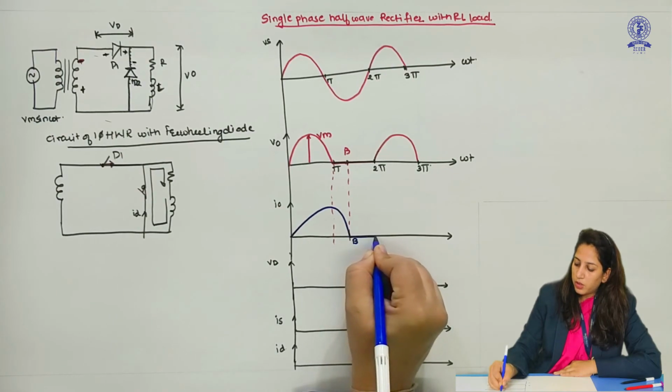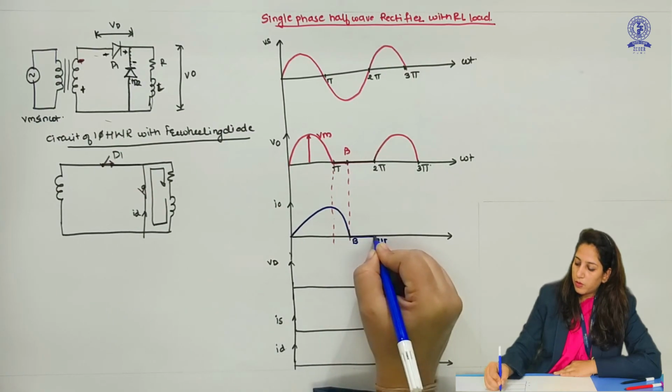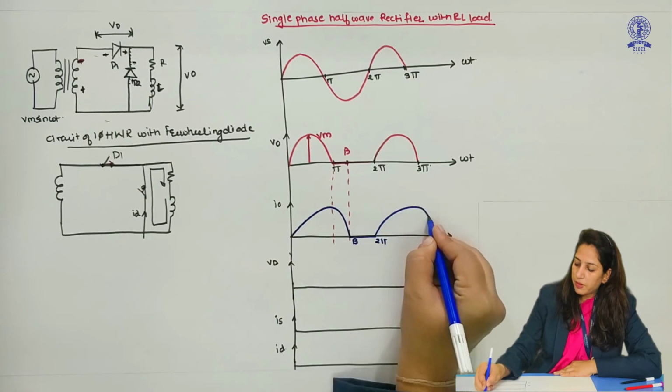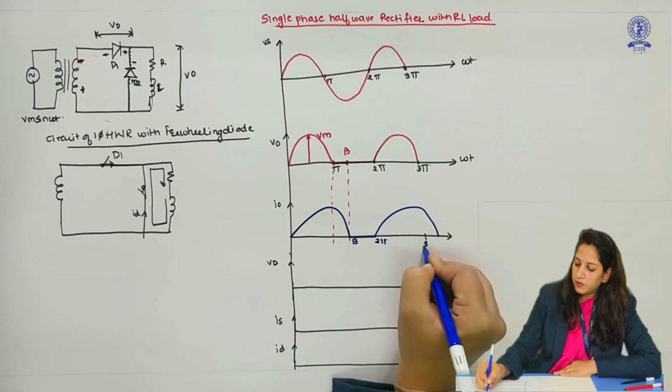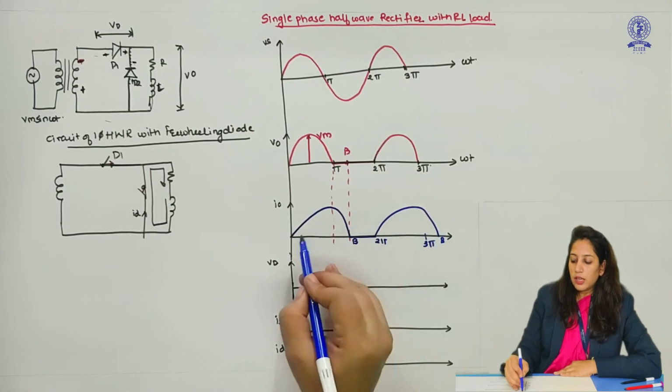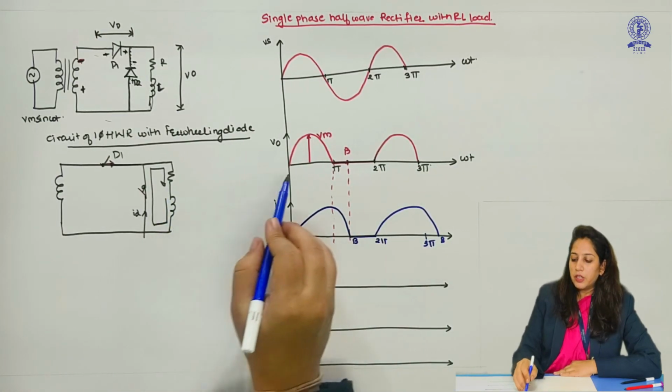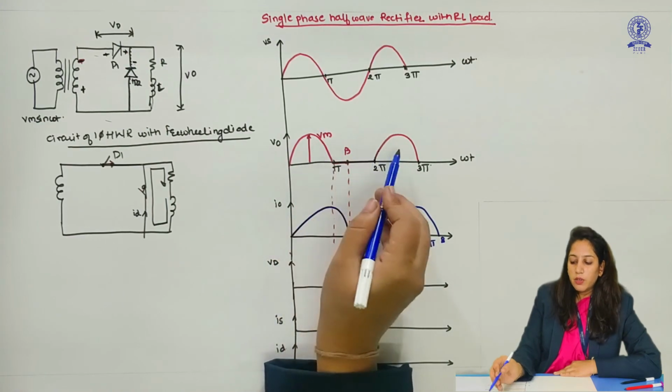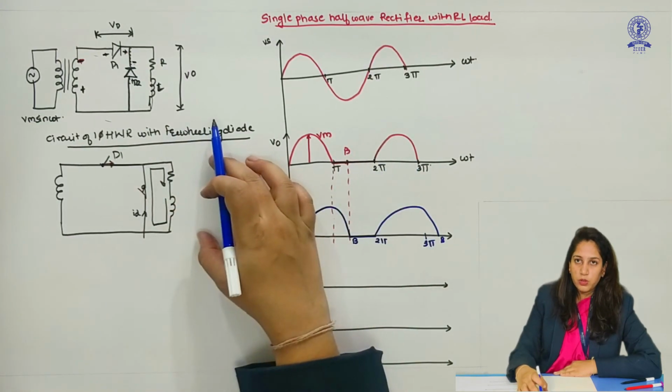It will be 0 till 2 pi, and again from 2 pi to 3 pi plus beta angle it will be there. So current will be there in this branch, but there will be no voltage, and we need voltage only across this output.